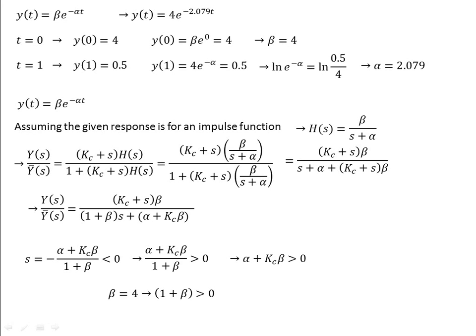If I solve this inequality, I get Kc should be bigger than minus alpha over beta. So for values of Kc bigger than minus 0.52, the system will be stable. So this is the solution for question 4 of the sample exam.